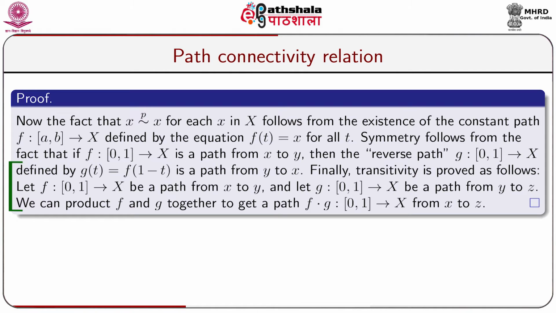Now, to prove transitivity, let x and y be related by the path connectivity relation and y and z be related by the path connectivity relation. We have to prove that x and z are also related.